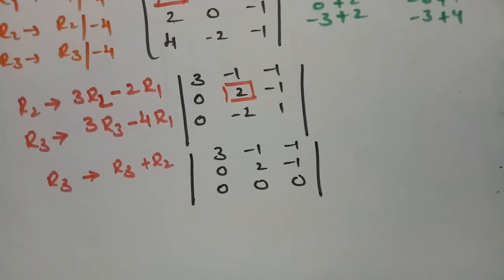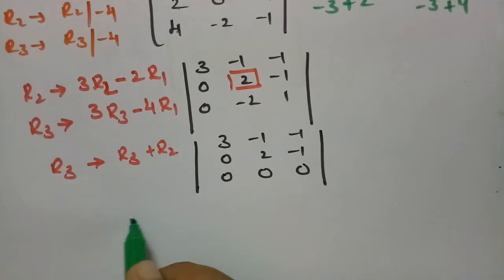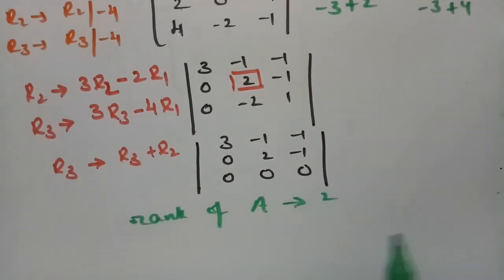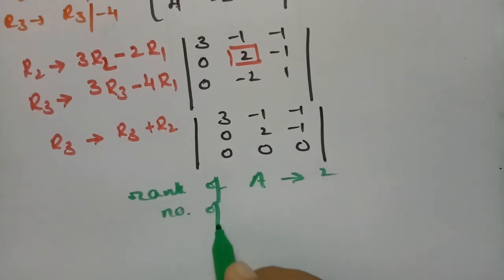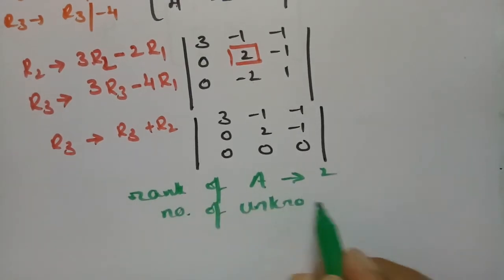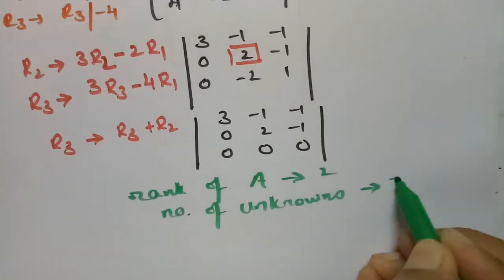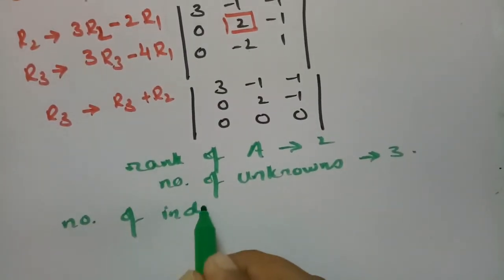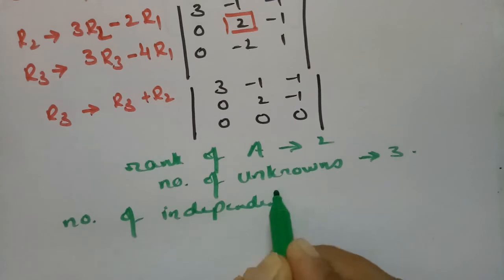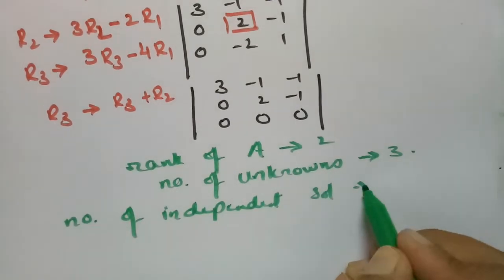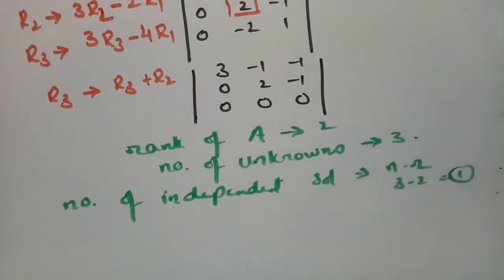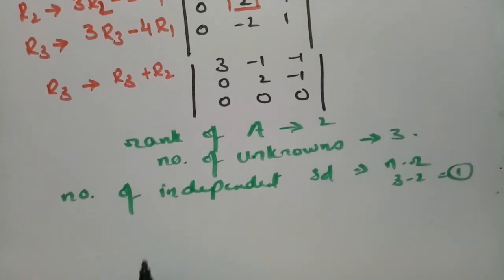So here if you observe, the rank of A is equal to 2. The number of unknowns is equal to 3. The number of independent solutions is equal to n minus r, this is 3 minus 2, 1. So one independent solution we can choose.